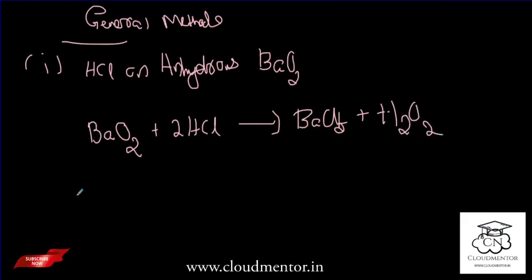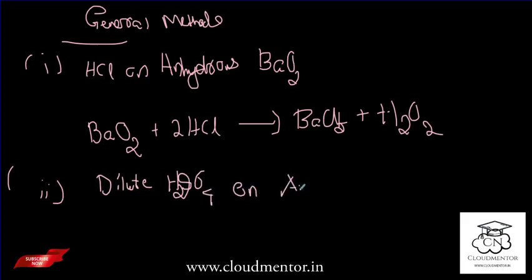So this was the first preparation method, and the second one is by the action of dilute H2SO4, that is sulfuric acid, on anhydrous sodium peroxide, Na2O2.